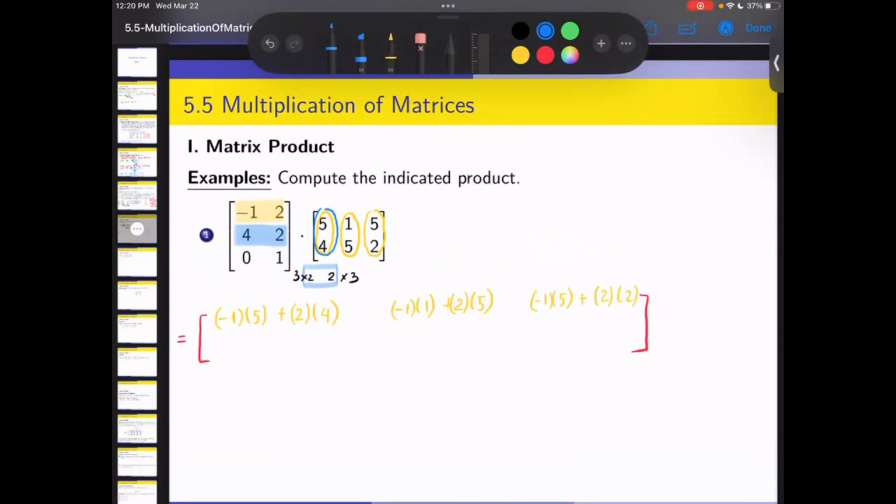Four times 5 plus 2 times 4. Second row, second column. 4 times 1 plus 2 times 5.